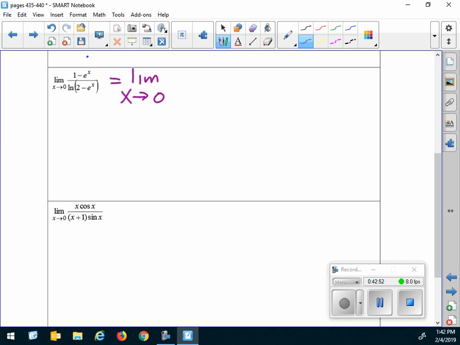What's the derivative of the numerator? Minus e to the x over derivative of a natural log.